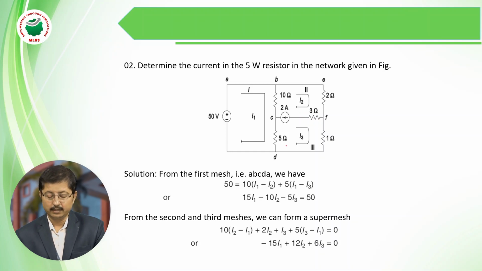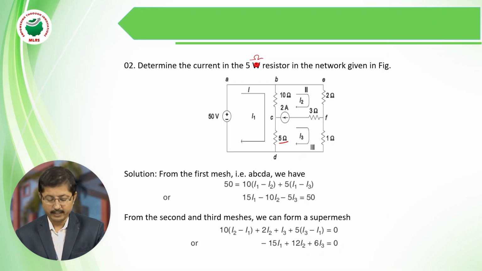After that, we find the 3 unknown loop currents. What is asked here? Determine the current in the 5 ohm resistor in the network given below, with the help of mesh analysis.